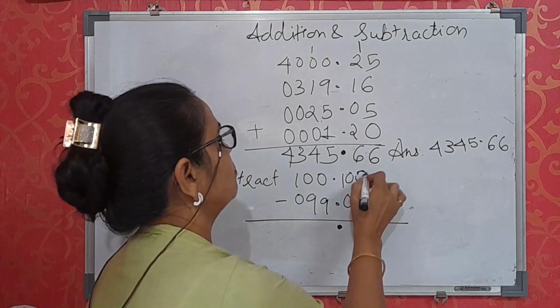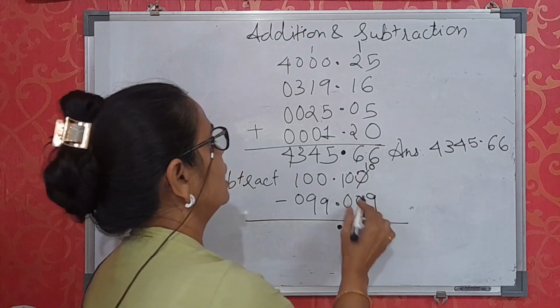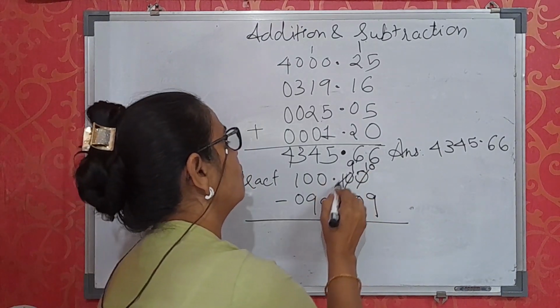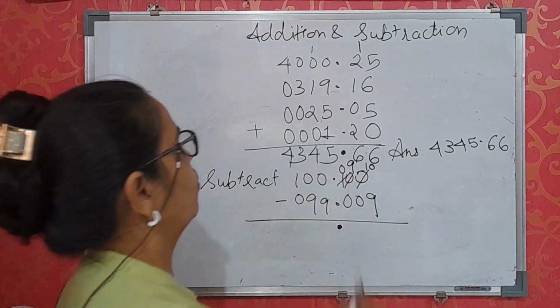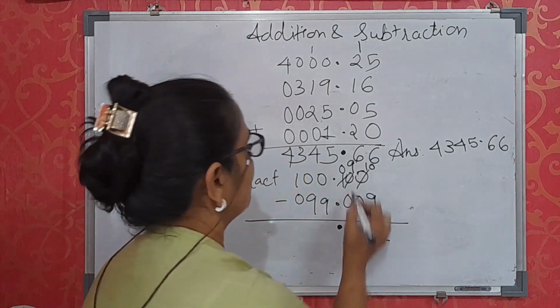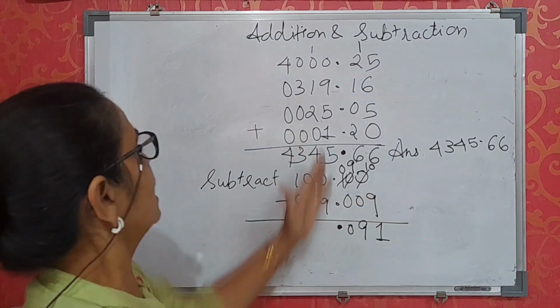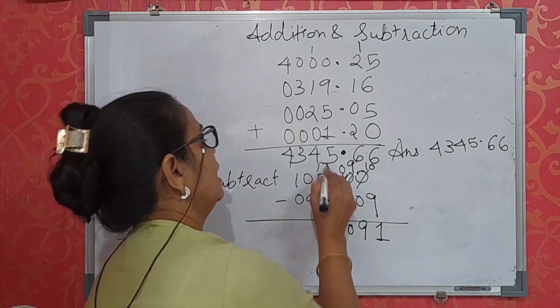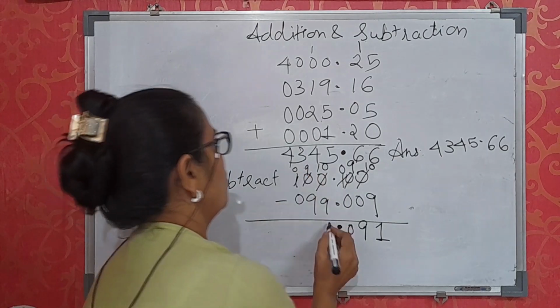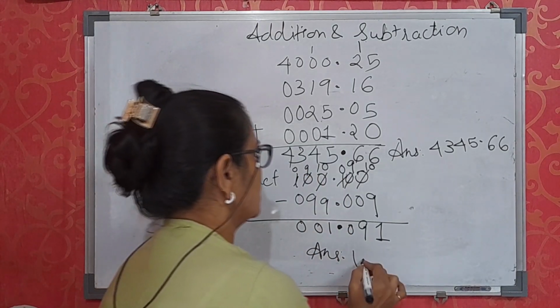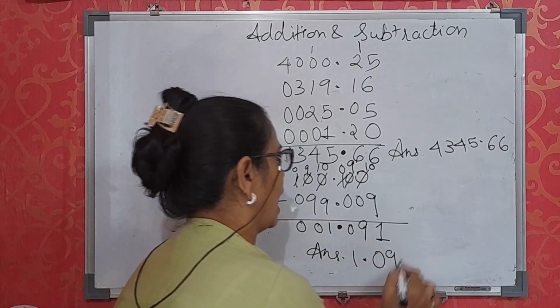0 minus 9 not possible. Borrow 10. Before 0, 9. Here 0, then before 1 is 0. 10 minus 9, 1. 9 minus 0, 9. And here 0. This part is finished. Now here 10, 9, 0, 1, 0, 0. So your final answer is 1.091.